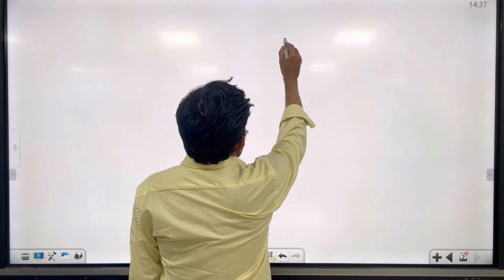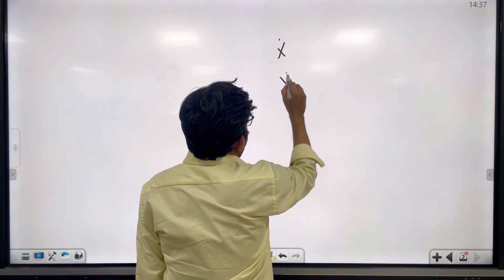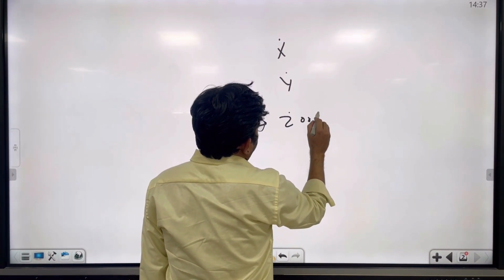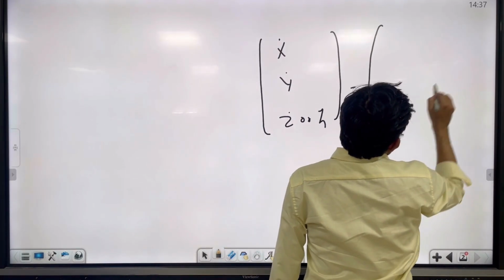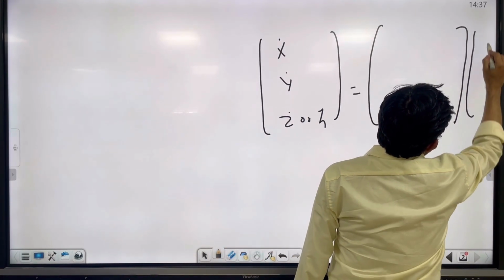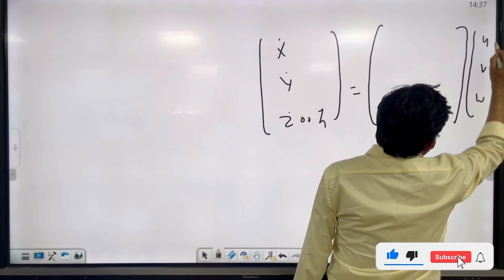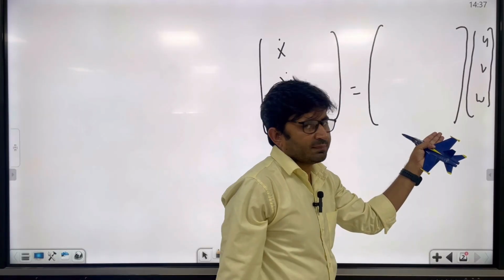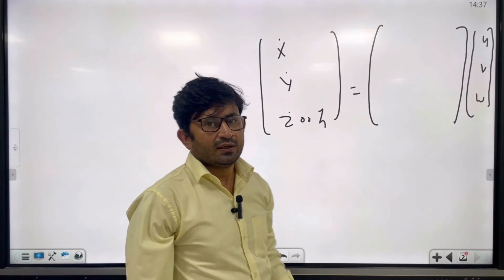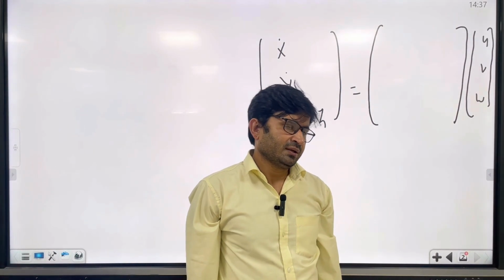Okay, so the transformation from, for example, body to inertial, right? There is a transformation matrix, and here you have U, V, W, velocity in body frame. So velocity in body frame multiplied by the rotation matrix, you will get the velocity in inertial frame.